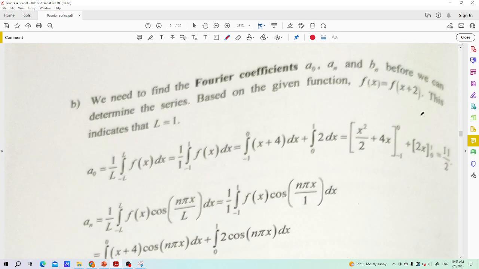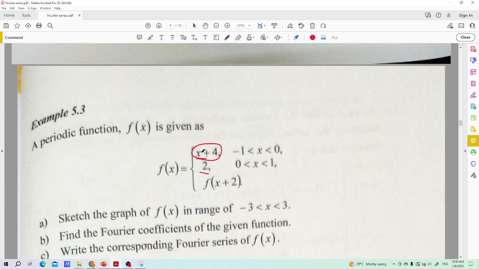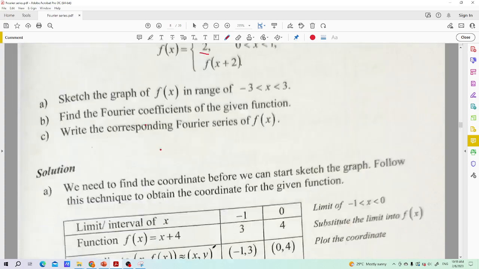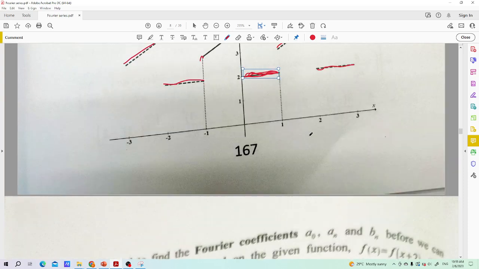Okay, Fourier coefficient. So for the Fourier coefficient we need to have a naught and then f(x). So what is our f(x)? We have two f(x) here, x plus 4, and then we have another function which is 2.